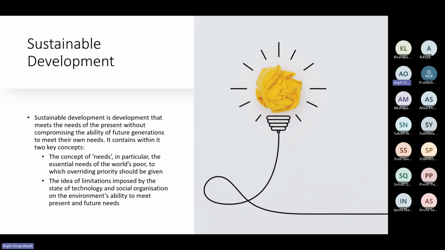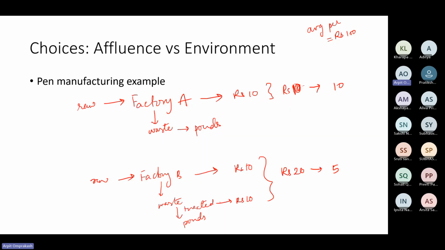So what sustainable development means is the development that meets the needs of the present without compromising the ability of future generations to meet their own needs. So we are meeting whatever needs that we have and we are not compromising on the needs of future generations. So in the first case, when we are putting this waste material into ponds, lakes, and rivers, we are degrading the habitat there.